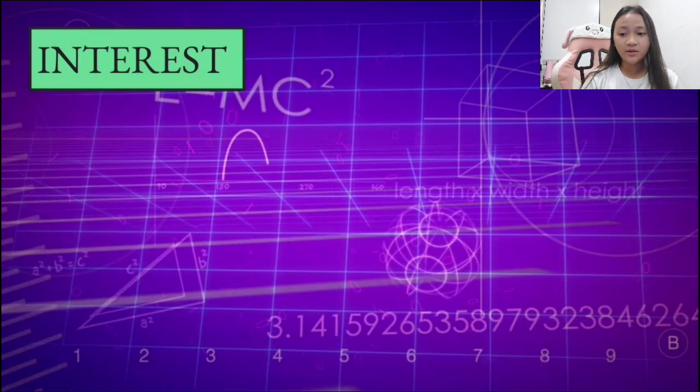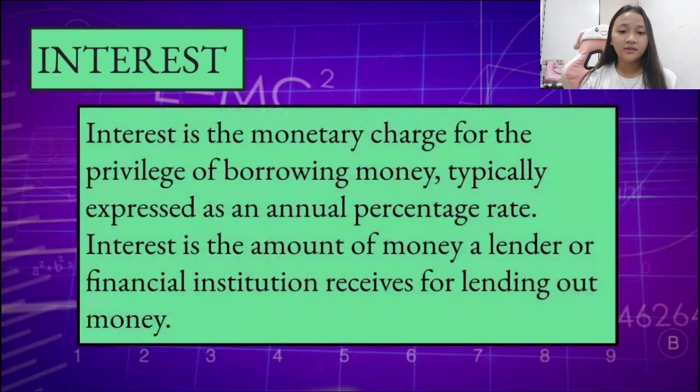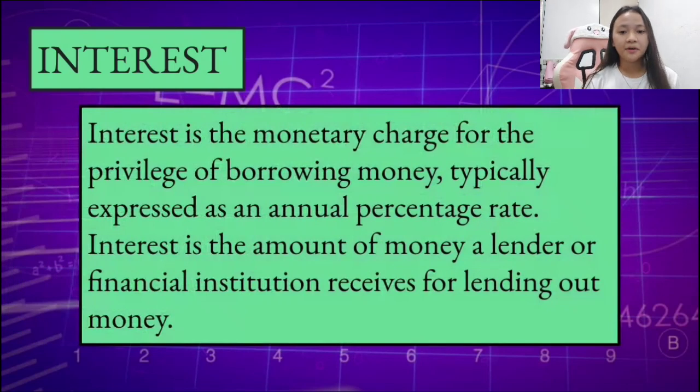When we say interest, it refers to the monetary charge for the privilege of borrowing money, typically expressed as an annual percentage rate. Interest is the amount of money a lender or financial institution receives for lending out money.